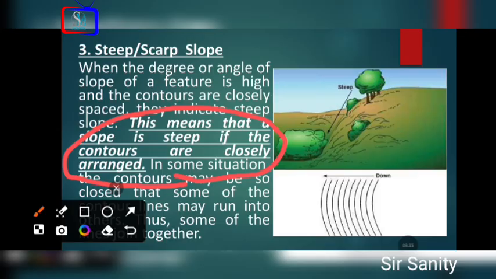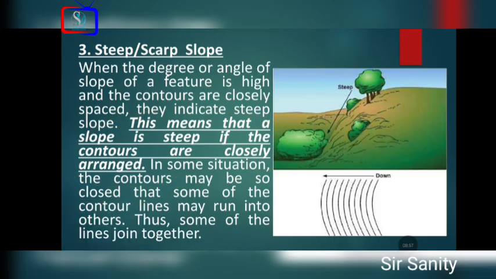So when you look at this place, you will see it's a slope and it is very steep. If you are asked to climb here by bicycle or even by yourself, you will find it difficult to do so, because it is very steep in nature. You should know that.